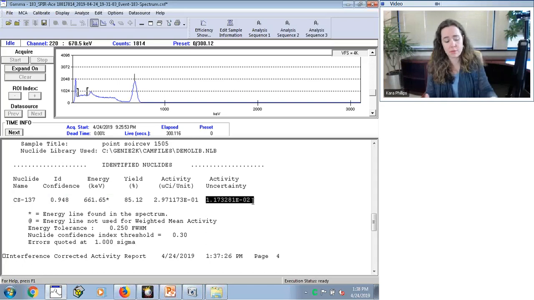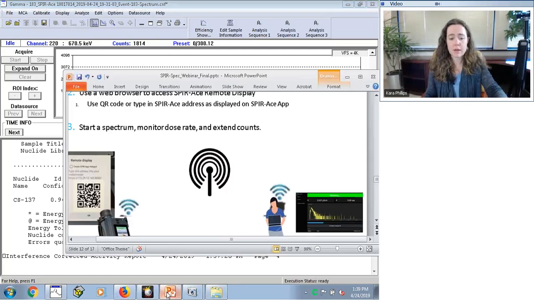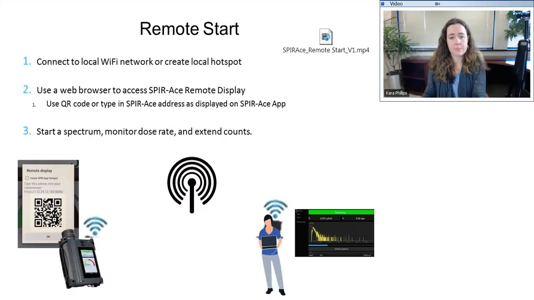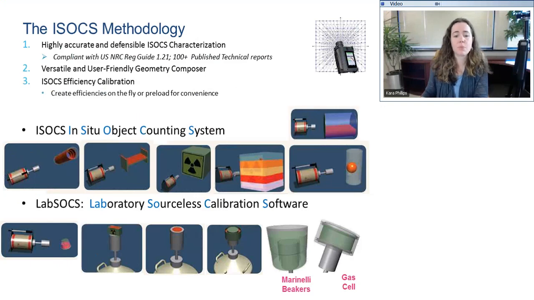So I want to take this opportunity to talk a little bit more about the ISOCS portion of this analysis. So to me, there's really three parts of the ISOCS methodology that bring the entire system together.